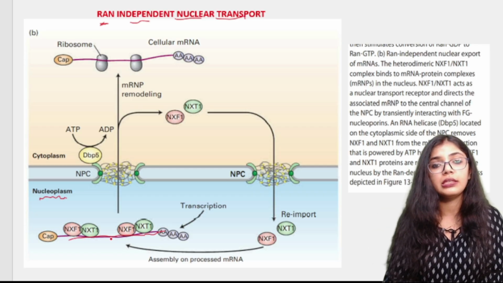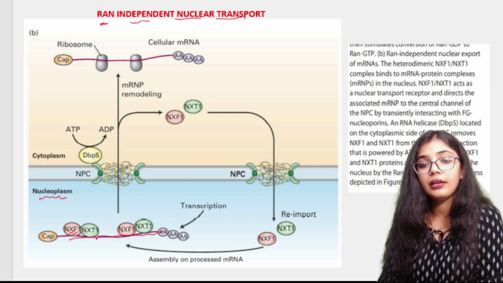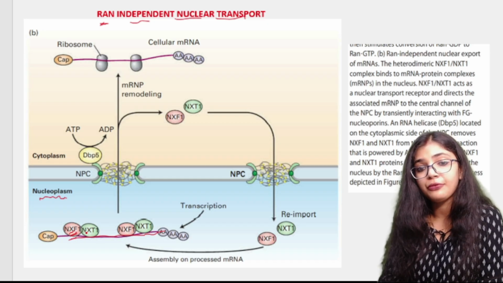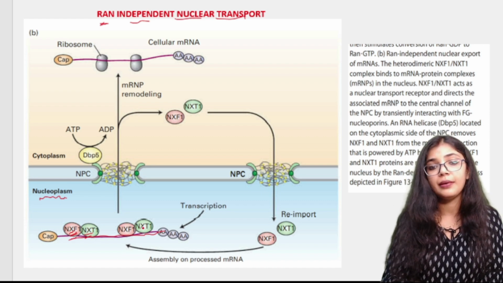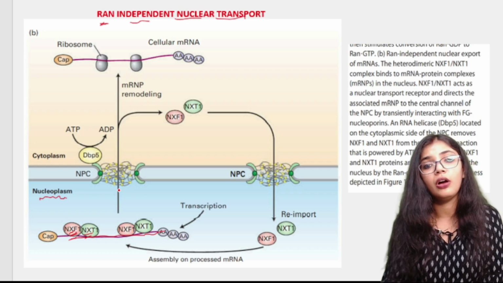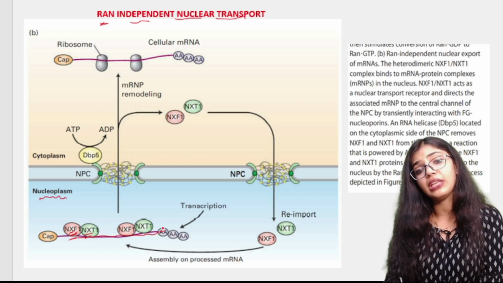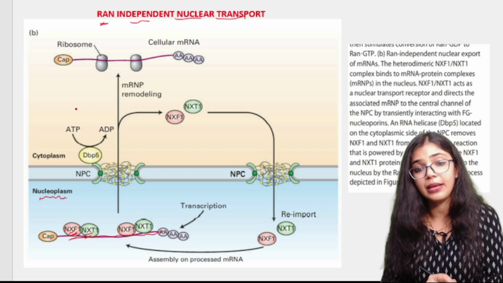In this case, there are two factors known as NXF1 and NXT1. These two factors bind with this mRNA, which helps in the transfer of this mRNA into the cytoplasm, where the protein synthesis will take place.